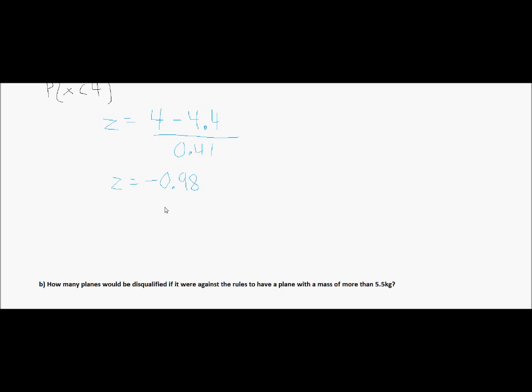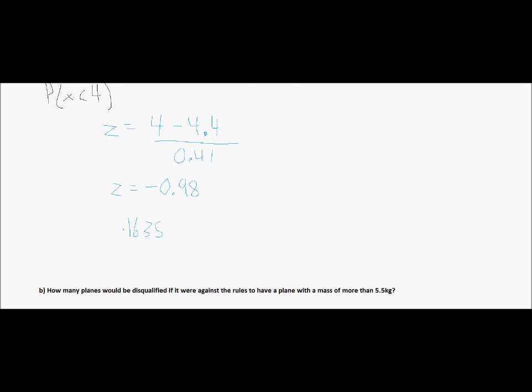On page 398 of your textbook, you find the value of negative 0.98 in the blue things, which would equal 0.1635.